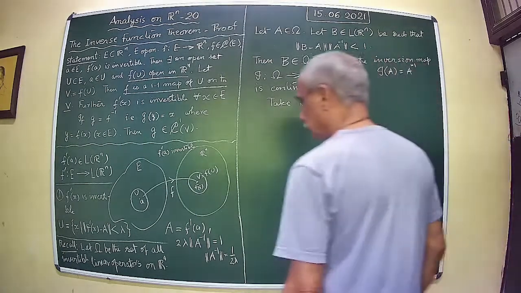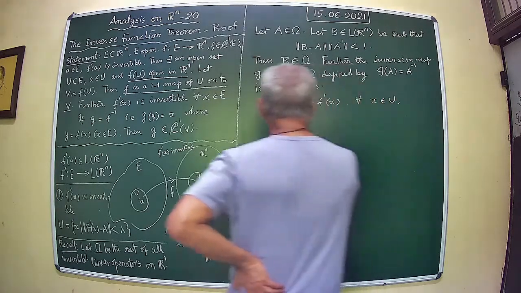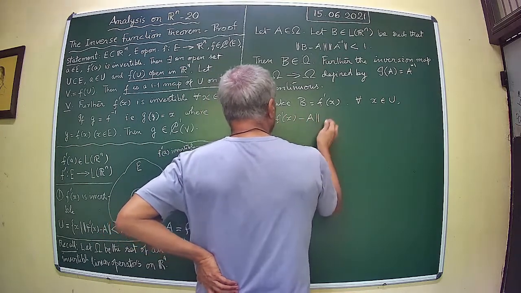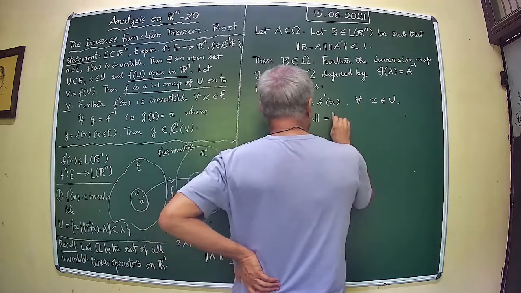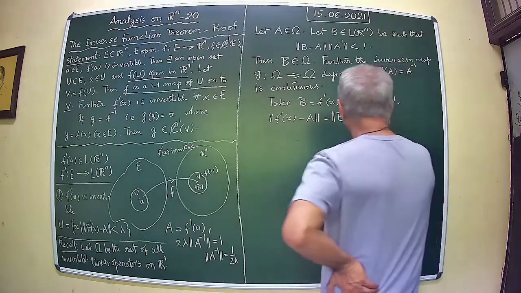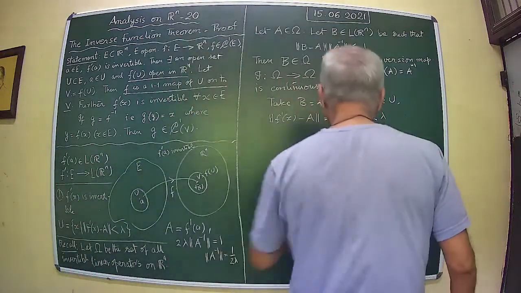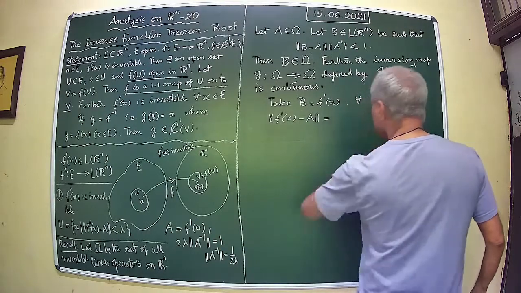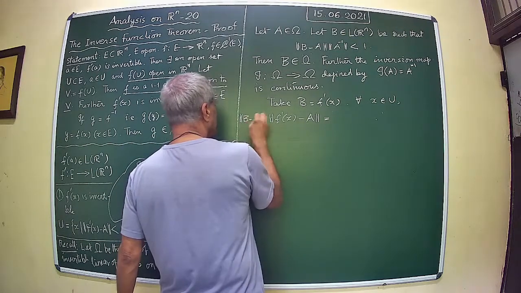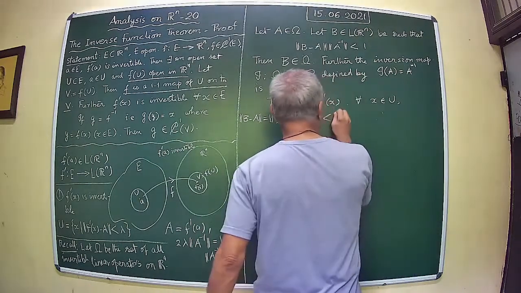Then for every x belonging to U, the norm of B minus A is less than lambda.